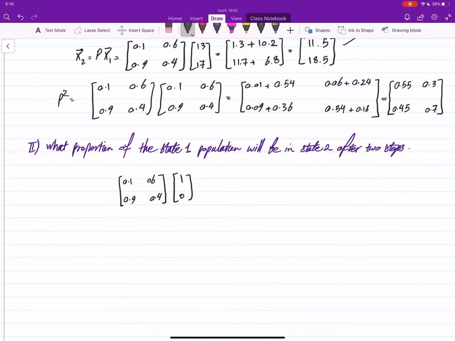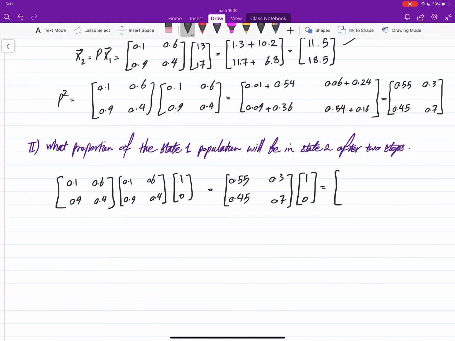This will give us the first time. Then we do another time. And this is exactly what we have as P2: 0.55, 0.45, 0.3, 0.7. Then multiplying by 1, 0 gives us 0.55 and 0.45.